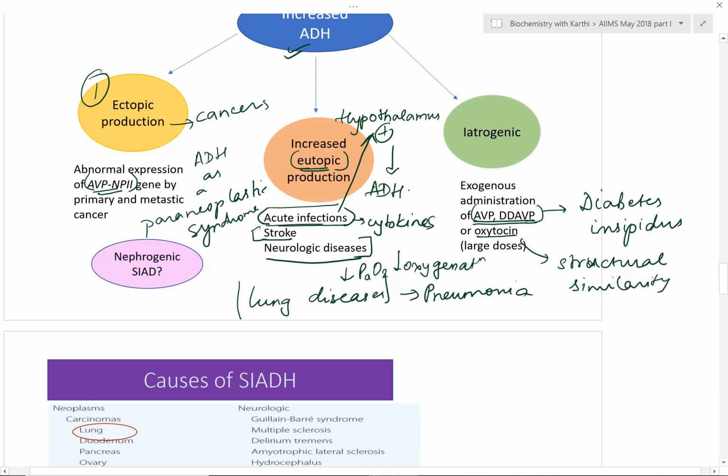Now, what is nephrogenic SIADH? Nephrogenic SIADH is due to an activating mutation. So it is due to a mutation in the V2 receptor, which will cause it to be persistently active and therefore resulting in more action of ADH.